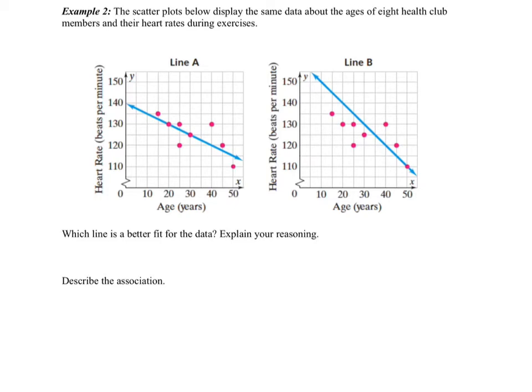Now for line B, the points are not directly in between the line. There's not data on each side of the line of best fit, the trend line. So which line is a better fit for the data? Line A, because it follows the trend of the data points.